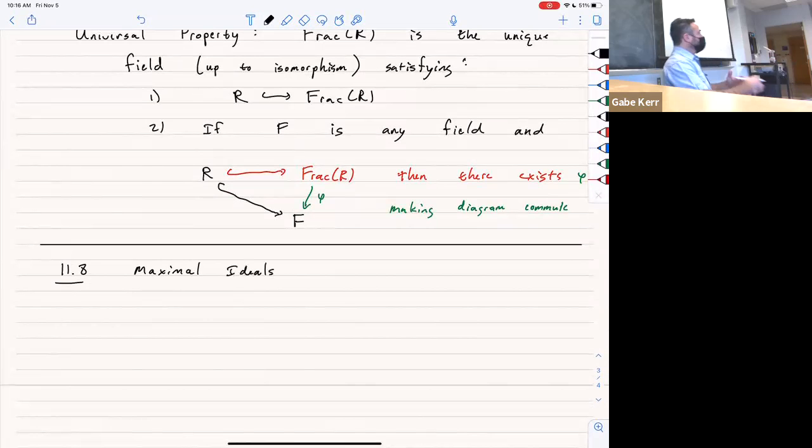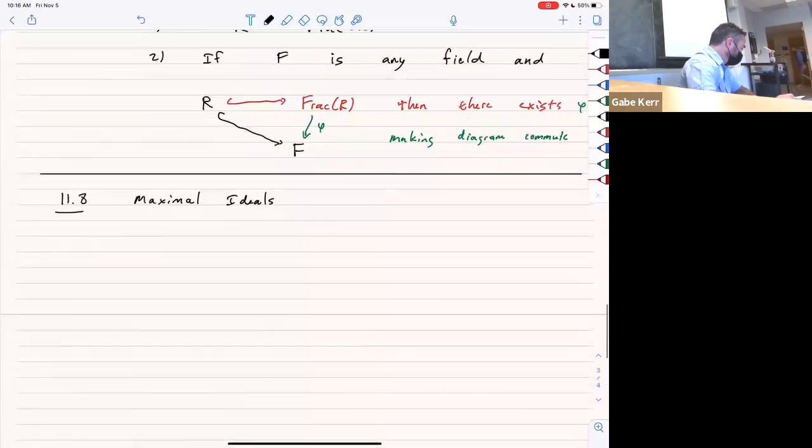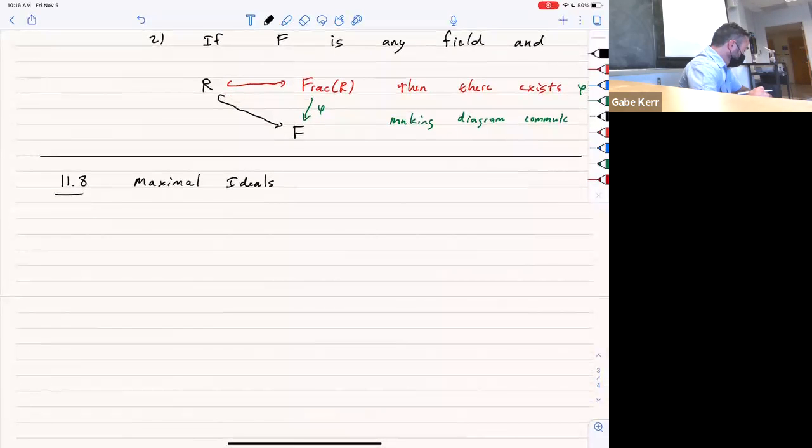A maximal ideal is the biggest ideal you can get in a ring without it being all of the ring. So there's no proper ideal containing it properly. It's as big as you can get. But he has the proposition that maximal ideals are precisely those ideals for which if I quotient by them, I get a field. The same result we did.